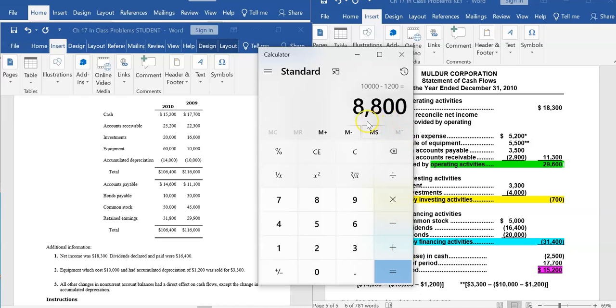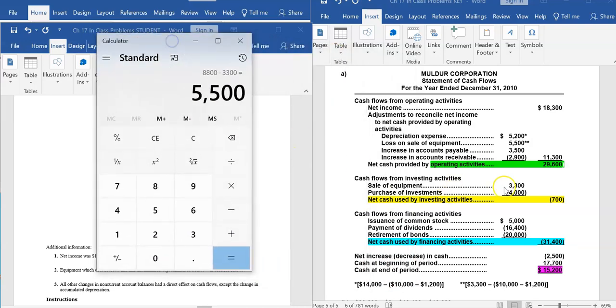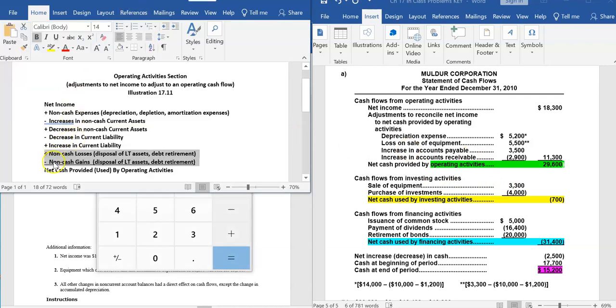That asset was worth $8,800, and we sold it for $3,300, which means we took a loss of $5,500. My cheat sheet tells me if I have a loss, I need to add it back to net income. So here is my loss being added back to net income.